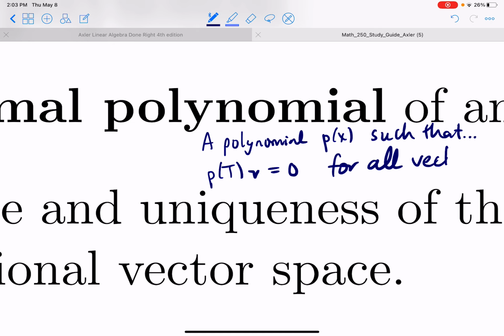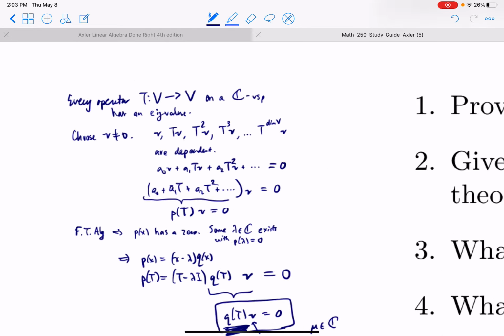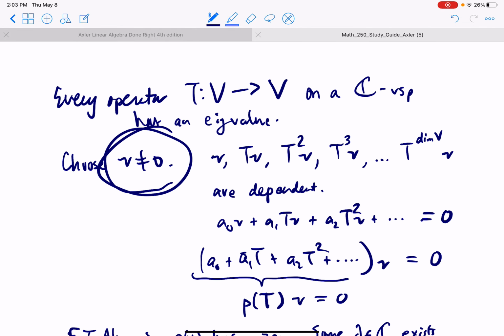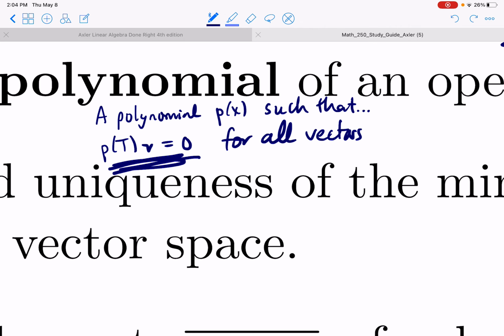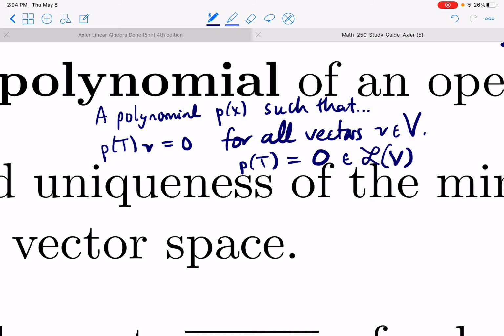That's different. In the last proof, we just chose some non-zero vector and got a polynomial. Here, we want it to be 0 on every possible vector v. Another way to say that is that p of T as an operator is the 0 operator. You feed it anything and it gives you 0.